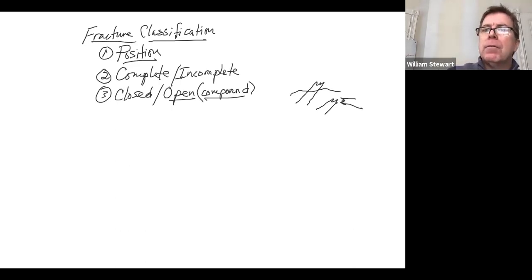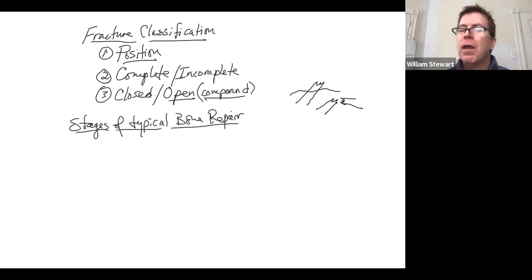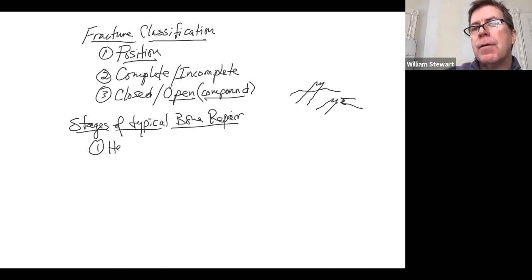Now I'm going to list the stages of typical bone repair. So what happens to the bone tissue after it breaks is what this is about, and there are stages in chronological order. The first thing that happens after a bone break or fracture is a hematoma forms.